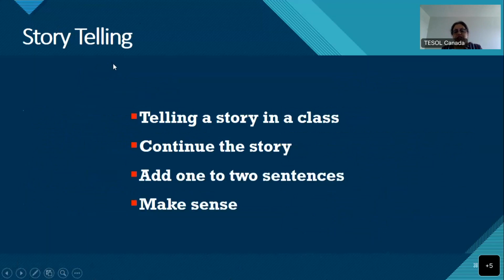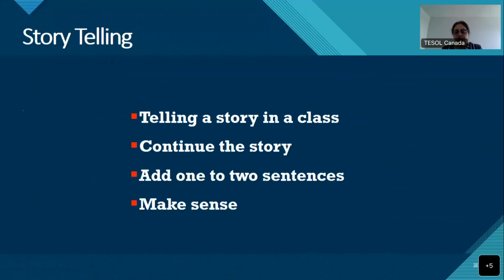Storytelling helps them a lot, with fluency and accuracy both. So let them tell a story in the class. Let them talk about, for example, last weekend or last summer holiday, or talk about the new books they've read.